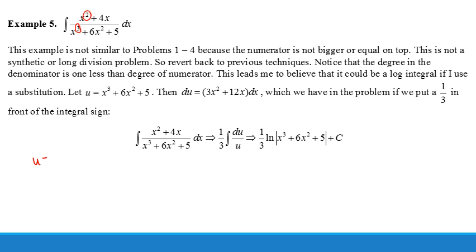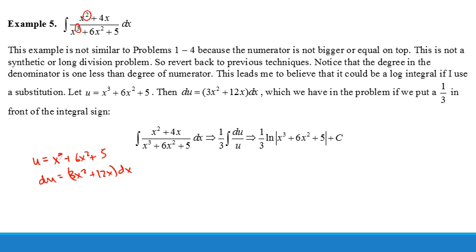If I let u equal the denominator, that's x cubed plus 6x squared plus 5, which means that du is going to equal 3x squared plus 12x dx. Okay, well, I have a constant multiple of 3x squared plus 12x in the problem.